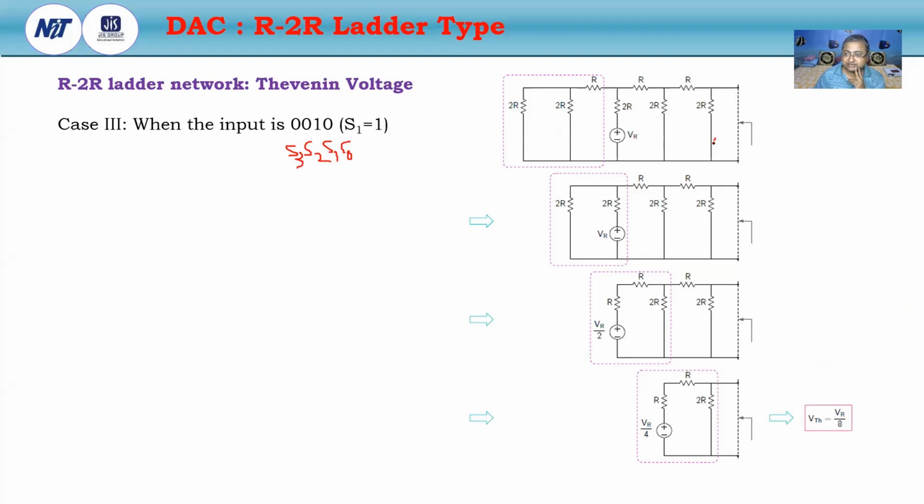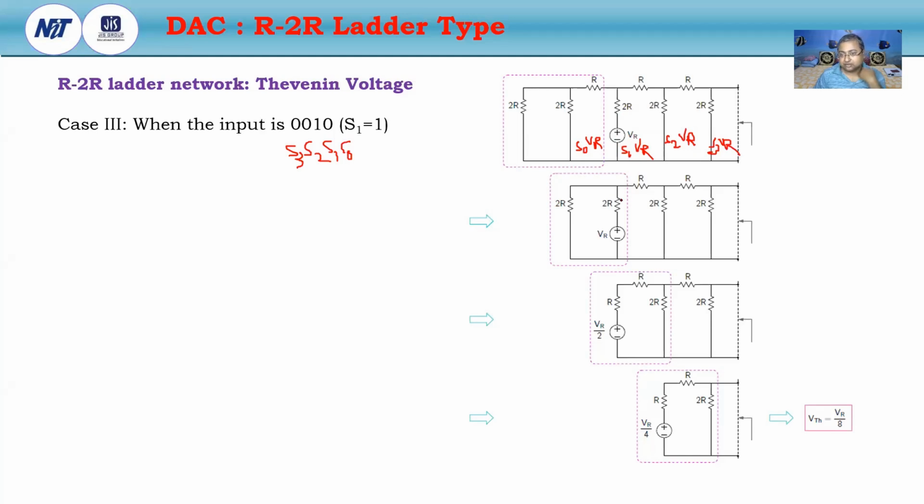Here S3 VR is 0, S2 VR is 0, S1 VR is 1, and S0 VR is 0. Due to S0 being 0, S1 being 1, S2 being 0, S3 being 0, both are grounded, and only this 2R is connected with the VR due to S1 being 1.